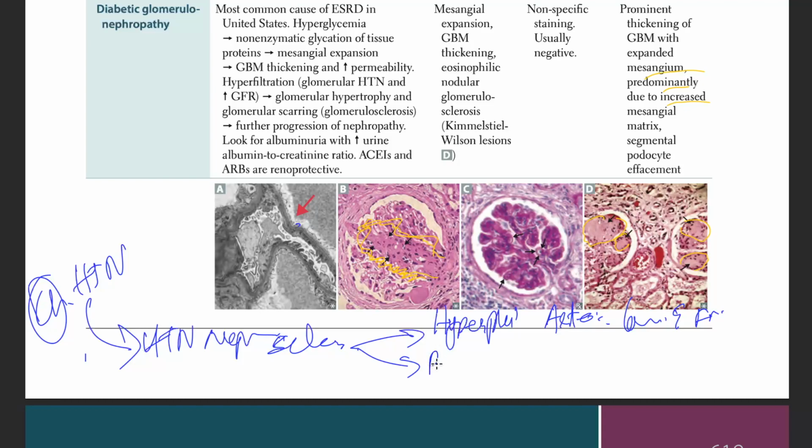Second thing is the prolonged HTN. Again, prolonged hypertension causing, so what happens when you have prolonged hypertension? It causes compensatory renal arteriolar medial hypertrophy and fibrointimal proliferation.